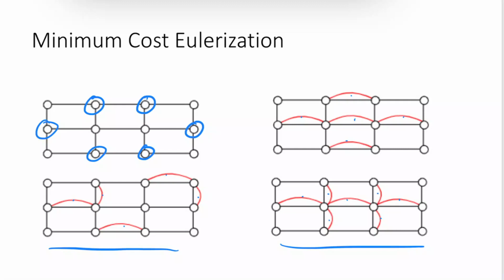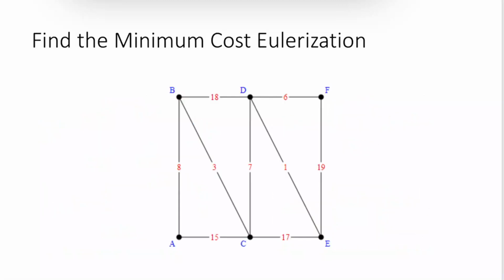And so the idea of minimum cost Eulerization is finding the cheapest way to Eulerize the graph. Or in other words, finding the minimum number of edges that you need to duplicate in order to Eulerize the graph. And you'll also see a couple problems like this where you have weighted edges.